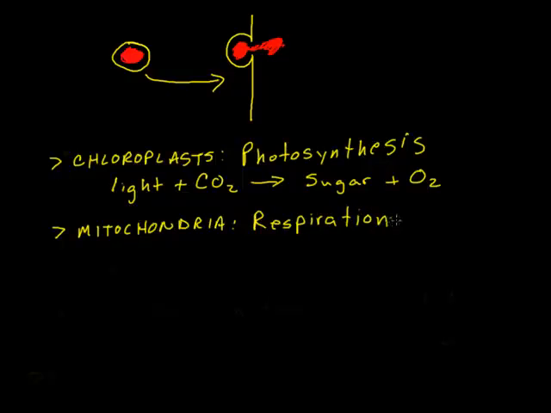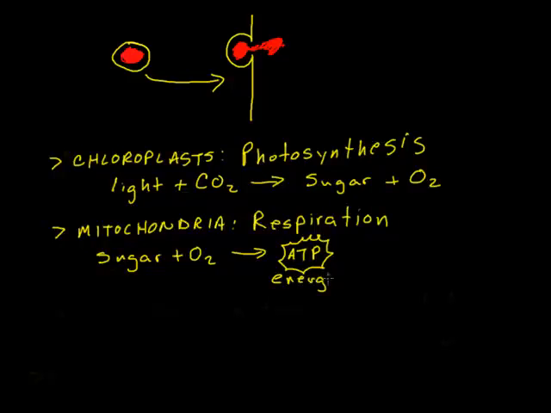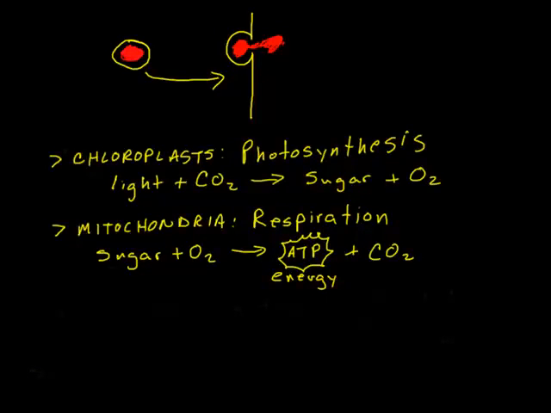And as we talked about before, respiration is when you take sugar and oxygen and you use it to do work or produce a usable form of energy, which we'll represent with ATP with our little comic book explosion around it, to represent the energy that is released. It also releases carbon dioxide as a waste product, and we'll get into the details of respiration in the coming days as well.